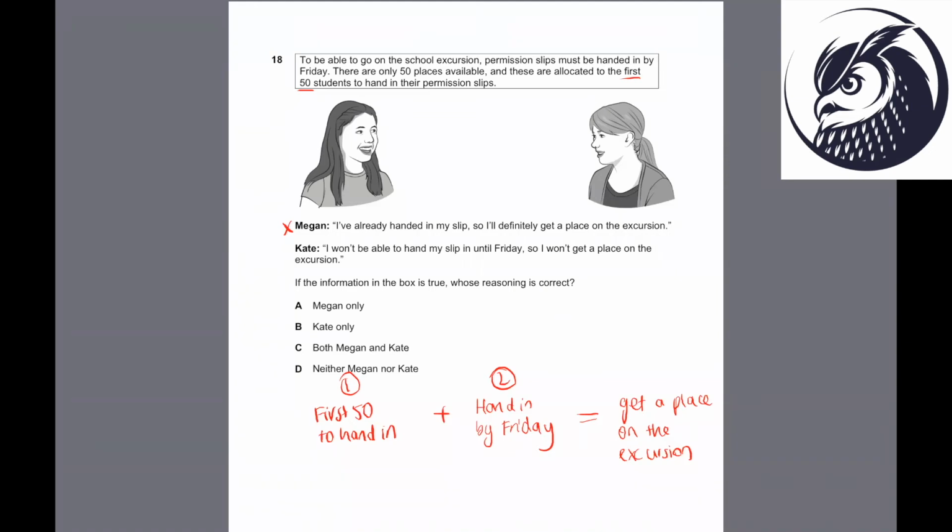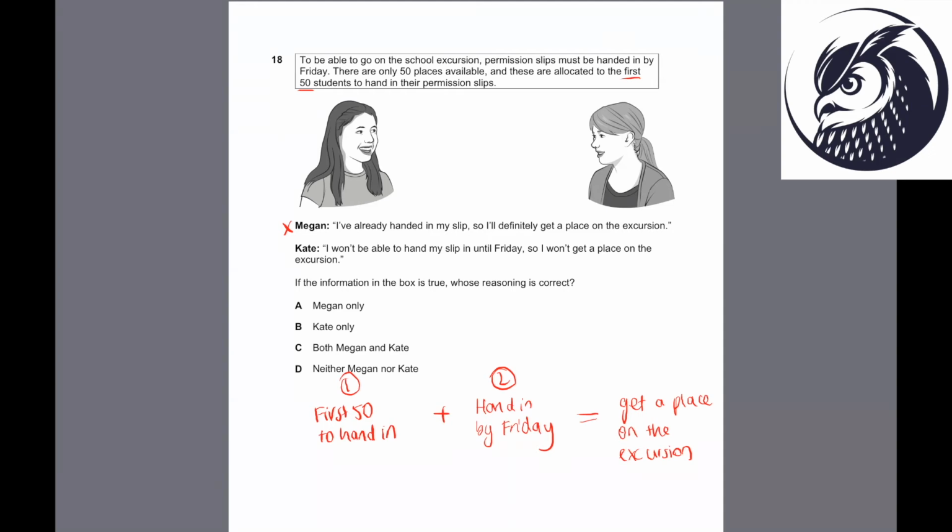So now let's have a look at Kate's statement. She says, I won't be able to hand in my slip until Friday, so I won't get a place on the excursion. Therefore, she won't get a place on the excursion.